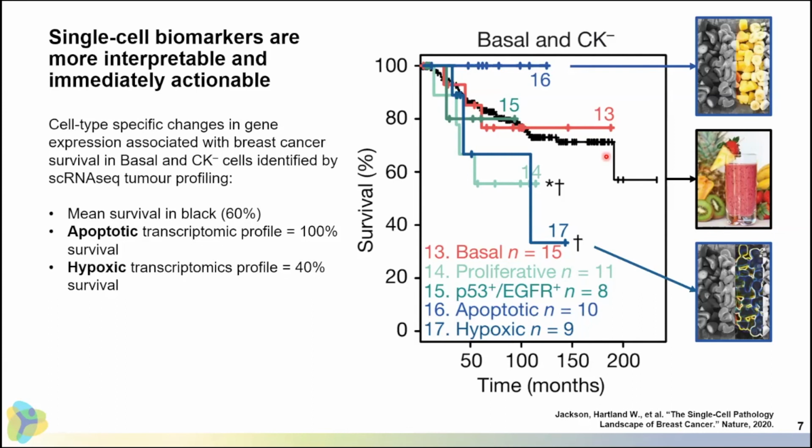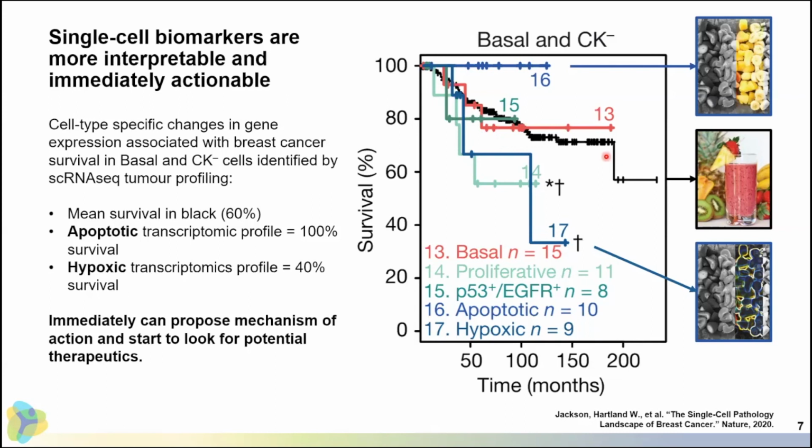And then conversely, they had a subset of the subjects that had basal CK- cells with a hypoxic phenotype. And those subjects only had a 40% survival, which is obviously far worse. And so the really nice thing is that in one study, you've immediately identified a potential mechanism to explain this difference in the survival rates of these patients. And you can immediately start looking at therapeutics without any follow-up work, which is tremendously exciting.